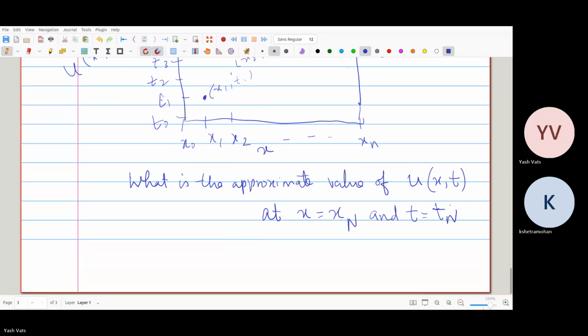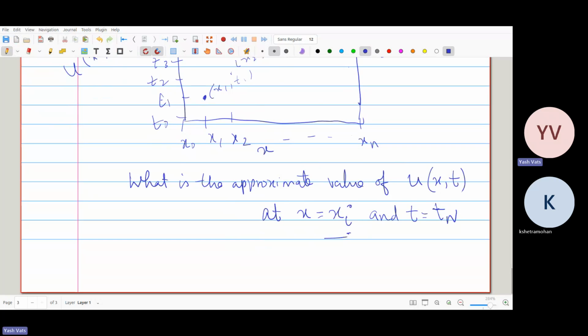What is the approximation value of this at x equal to xi and t equal to tn?